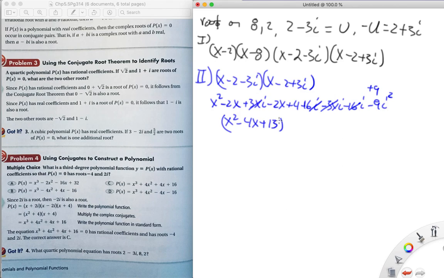Alright, the next step is I'm going to multiply this times x minus 8. So this would be my step 3.